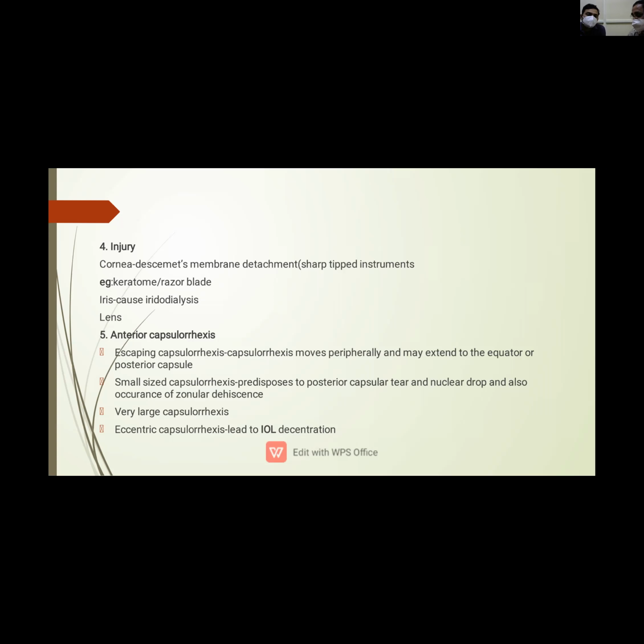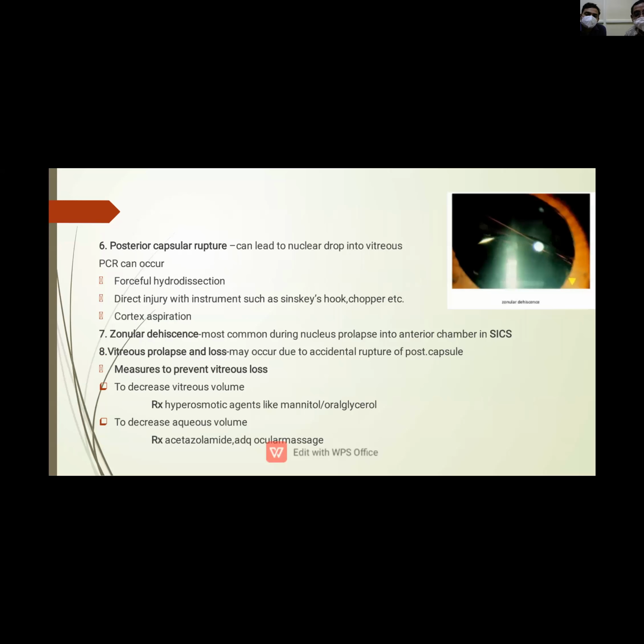Normally you must mention it. Extended large rhexis, small rhexis, and you should know what is the normal size of rhexis. I think your colleague has mentioned it.